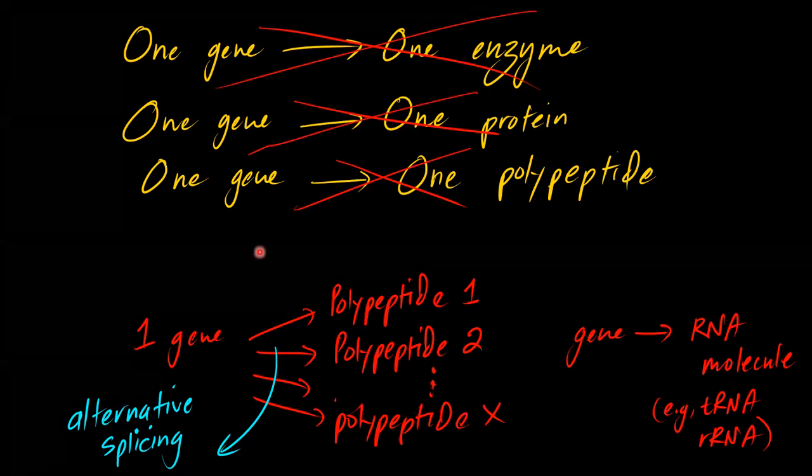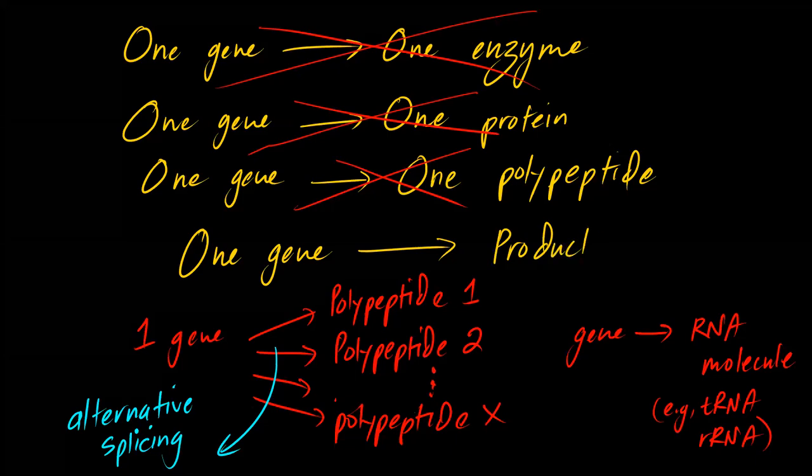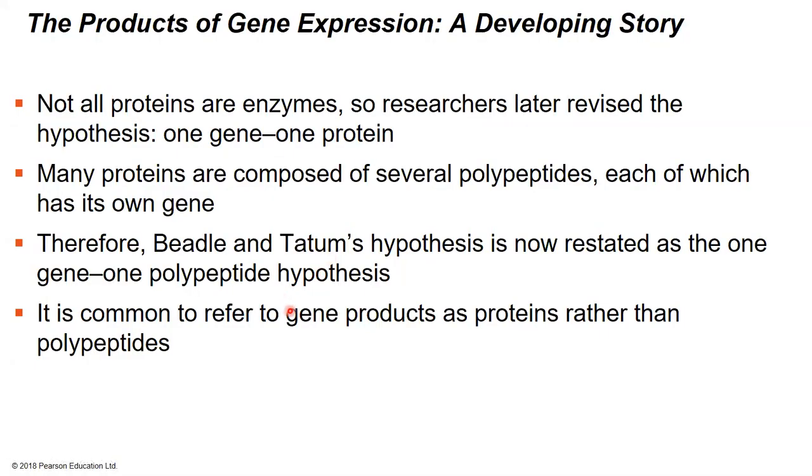Okay? So now, the last version of this statement is revised, and now we could say that one gene could encode product or products. And this product could be a polypeptide, or it could be just an RNA molecule. So now we have gene products rather than proteins or polypeptides. Okay?